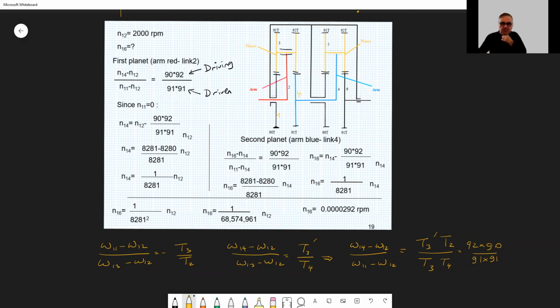So it is better to analyze it this way. This is the first part, for example.